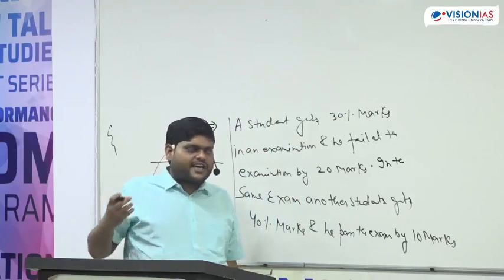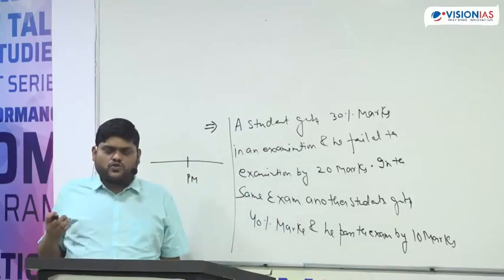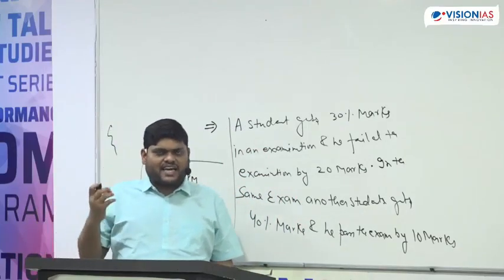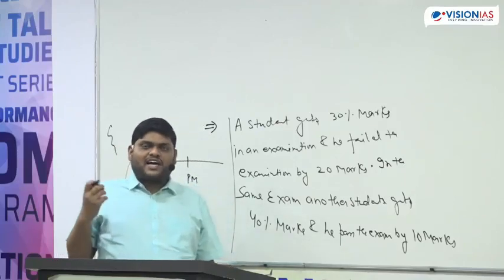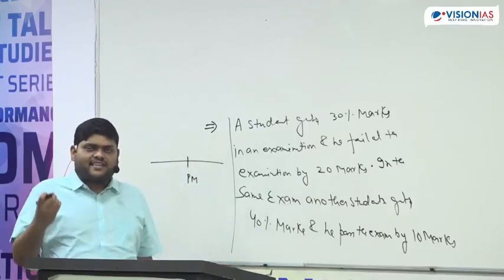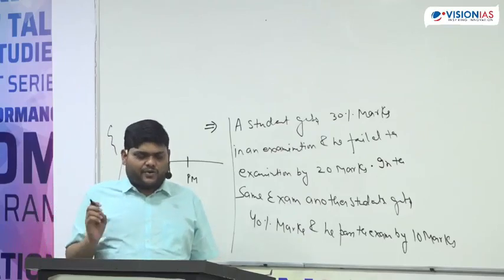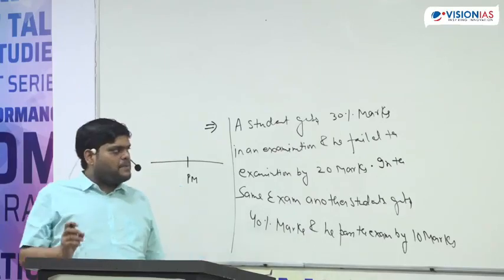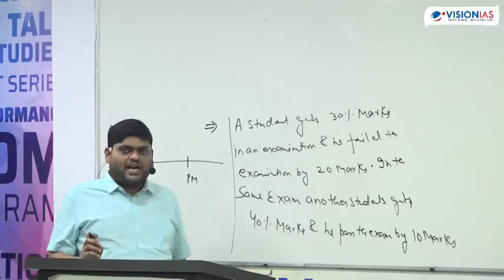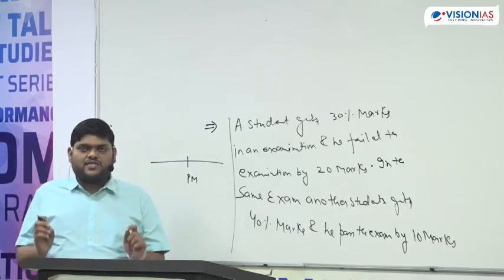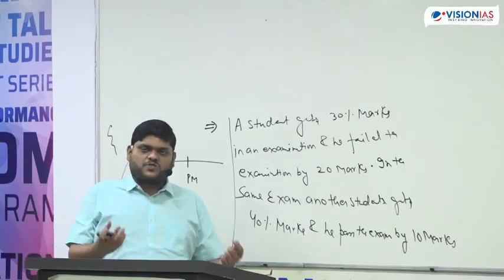Like rainfall, they are not saying rainfall, they are saying precipitation. So every subject has its own language, and we have to learn that language to understand the subject in a better way. Are you getting my point or not? Similarly, mathematics has its own language. If you understand the language, it becomes very easy to interpret the math problem.